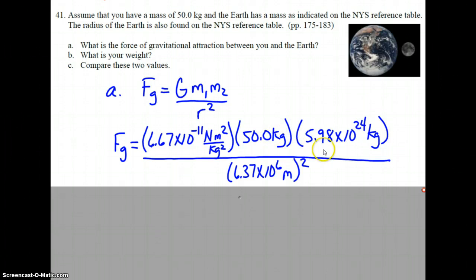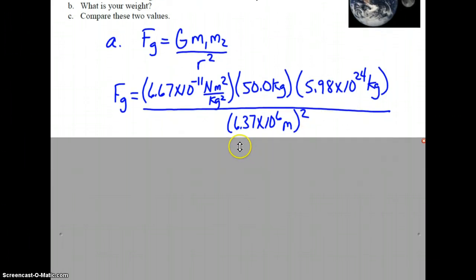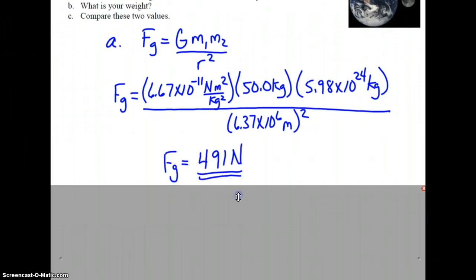Off the reference table, the mass of the Earth, 5.98 times 10 to the 24th kilograms. And then the distance between the center of the Earth to you, which would be at the surface of the Earth, would be 6.37 times 10 to the 6th meters, and we have to remember to square that. Performing this calculation, we get 491 newtons.